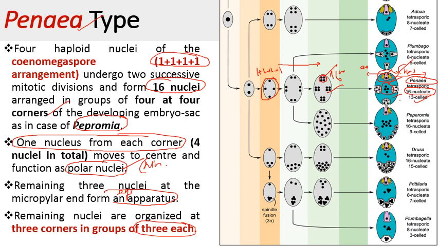While in case of Peperomia, it was a 16 nucleated, 9 celled structure. Here 2 cells are part of the egg apparatus, 1 is the central cell, and the remaining 6 are the peripheral cells. So Peperomia is a 16 nucleated, 9 celled structure.